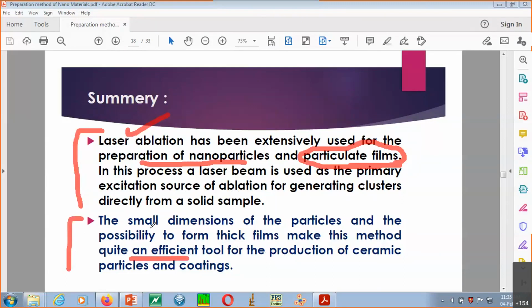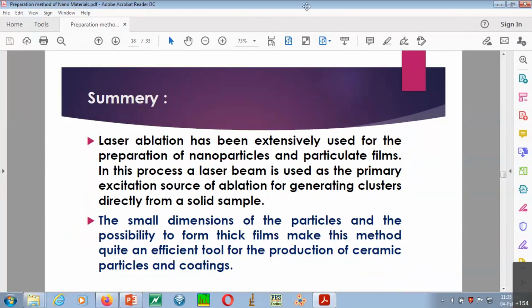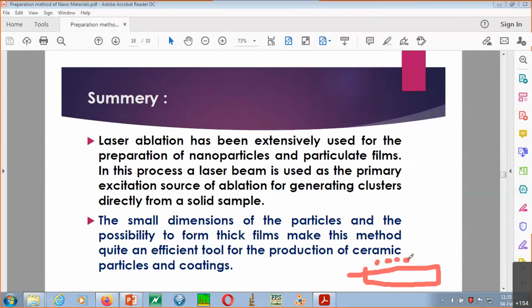So these dimensions they are talking about after this process: you have a substrate, and on top of the substrate there are so many particles deposited, like this. So this is talking about that only. Suppose you allow it for a longer time, that can create a thick film.